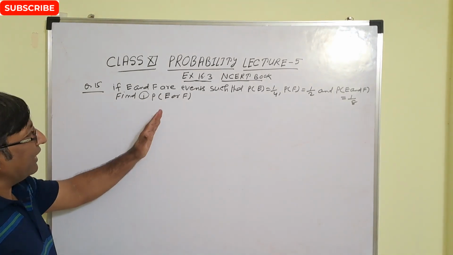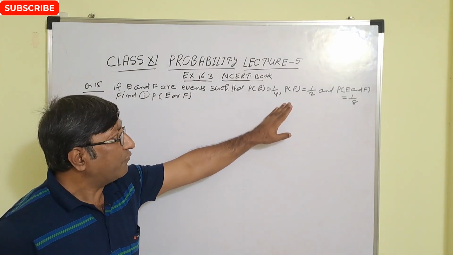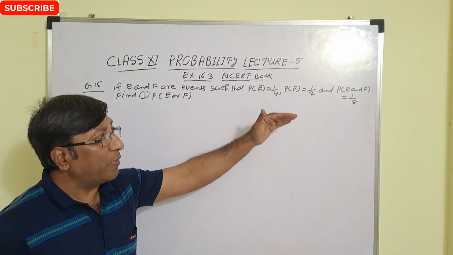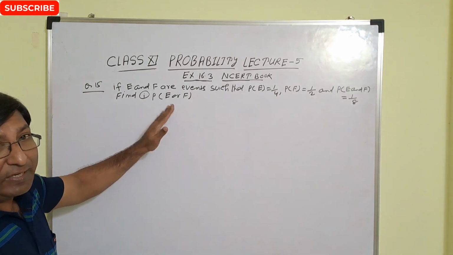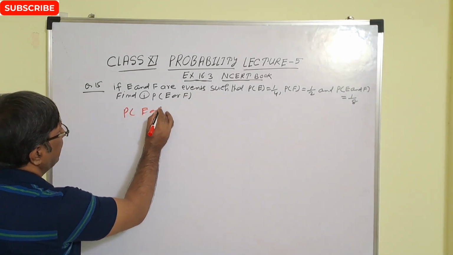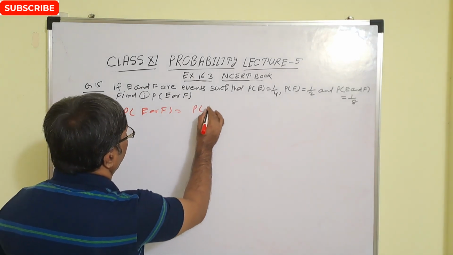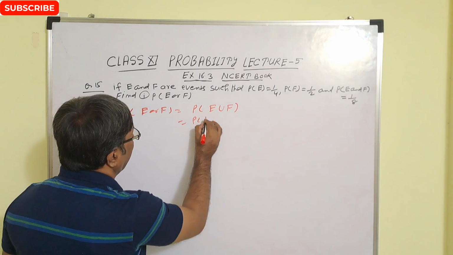The question is: E and F are events such that probability of E is 1/4, F is 1/2, and probability of E and F is 1/8. We have to find probability of E or F. So you know probability of E or F equals probability of E union F. And E union F is what?